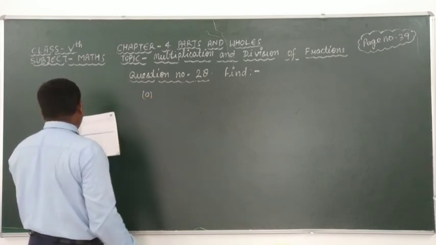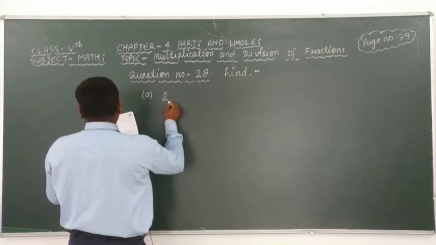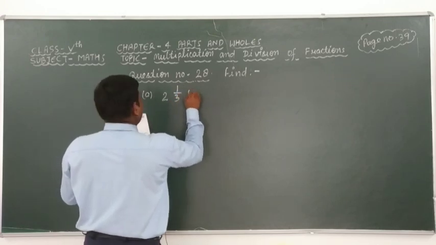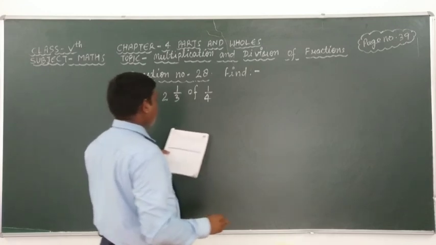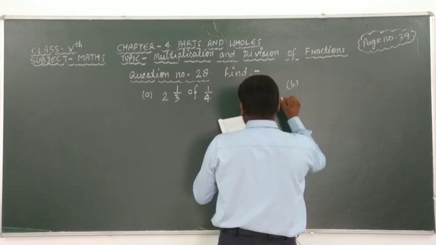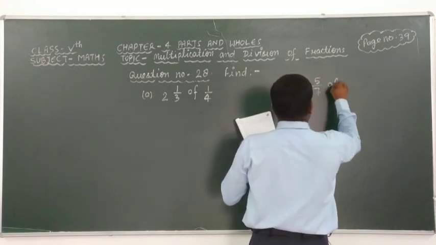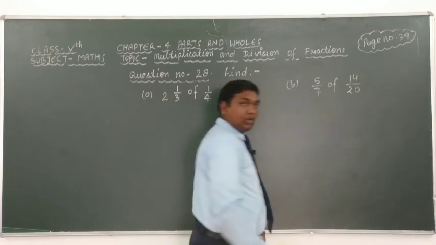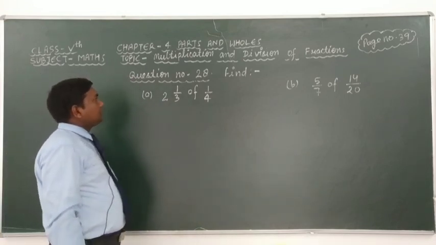Question number 28 of A is 2 whole 1 over 3 of 1 by 4. And question number 28 of B is 5 over 7 of 14 over 20. Okay students, look here carefully.